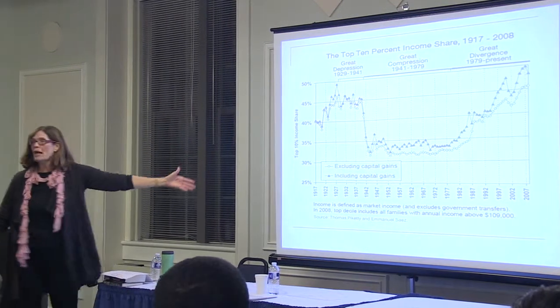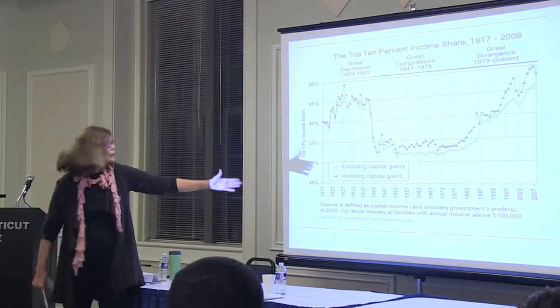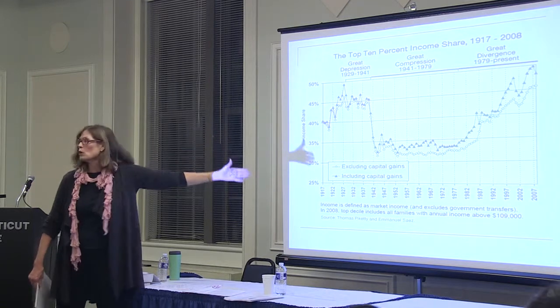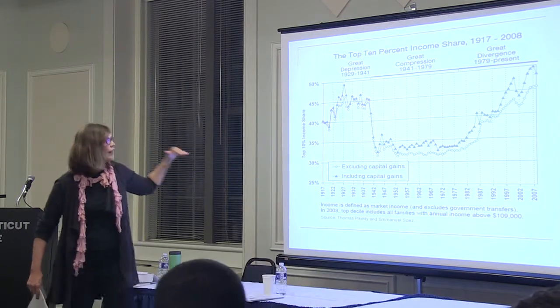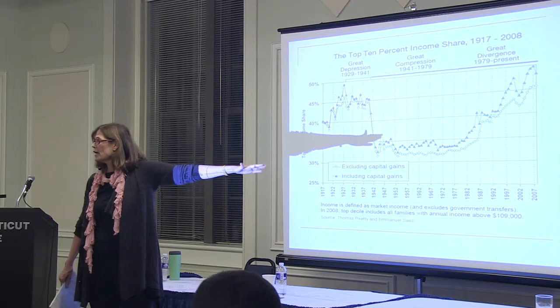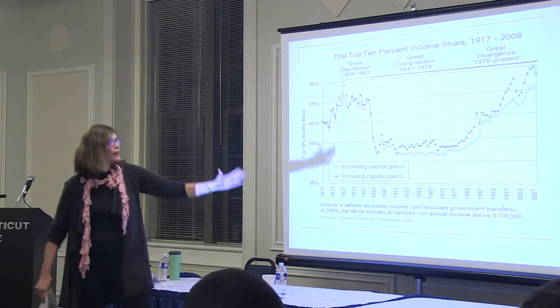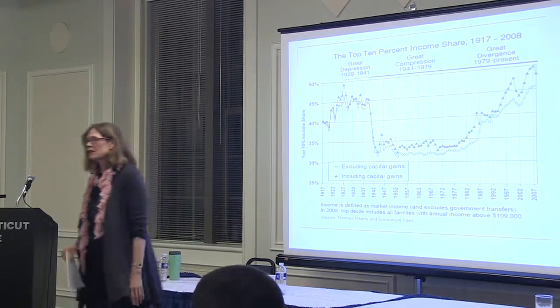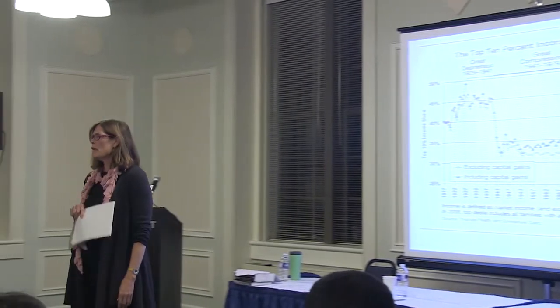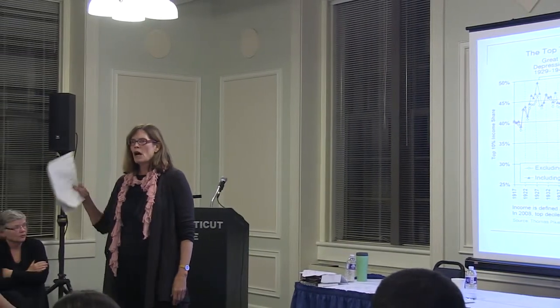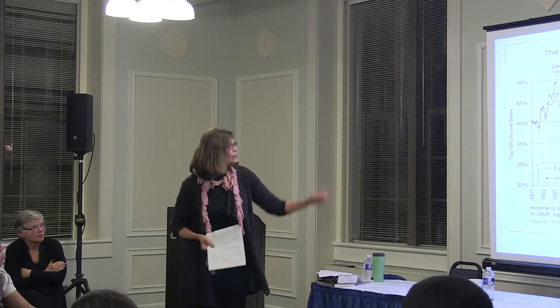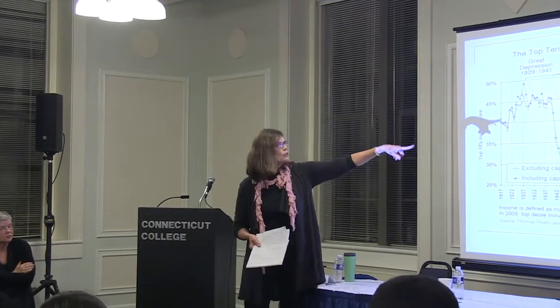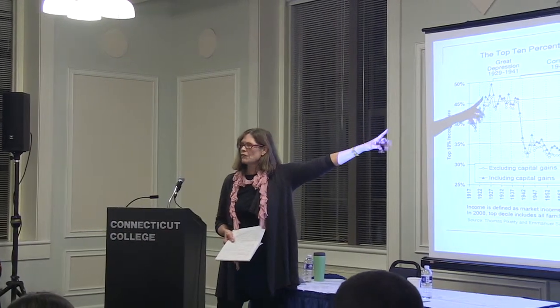And then you see this dramatic drop in inequality beginning during World War II and after, and that drop is sustained for 30 years and then begins to rise again in 1979. All of the things that Mab was talking about that have happened in the last 30 years are the things that have contributed to that rise in inequality.